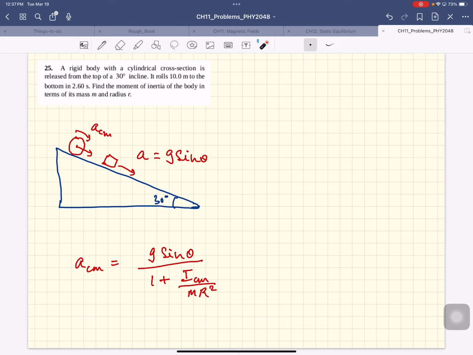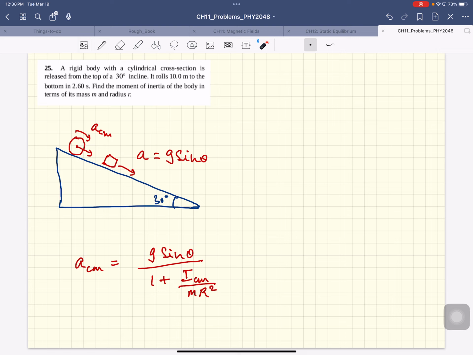So you see this is not 0. This would be 0 for a point particle, but this is not 0, so this number is greater than 1. So this thing accelerates down slower than an ice cube. That means this will take longer than an ice cube to reach the bottom. The larger this number in the denominator, the longer it takes.